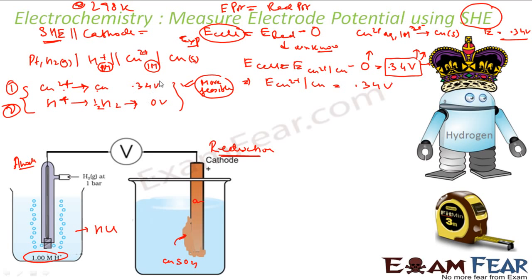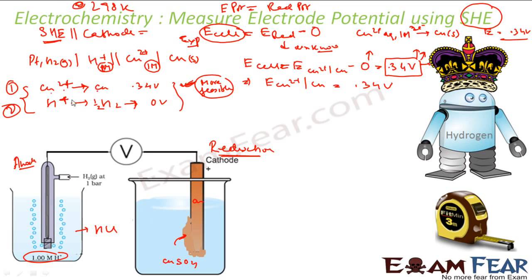It releases more energy. Gibbs free energy change is more negative. It's more feasible, right? Now I'm talking about reduction. Correct? Hope you understand. That means if you have in solution H plus and Cu2 plus, it is Cu2 plus that will become Cu. It is not H plus that will become H2.